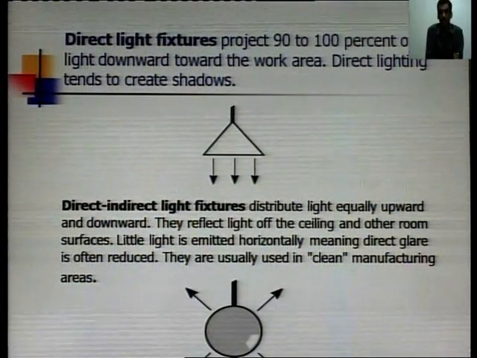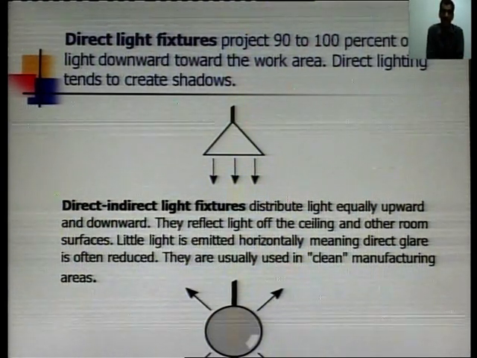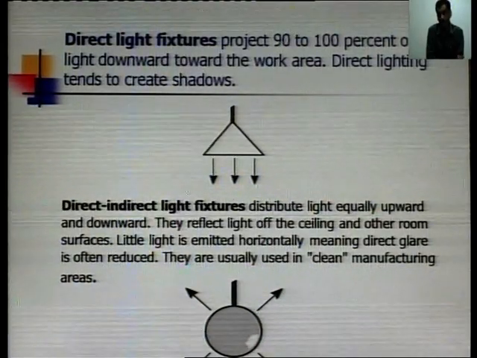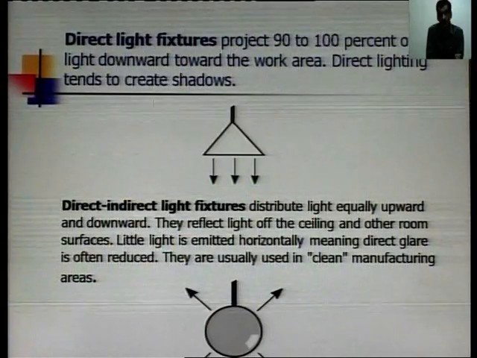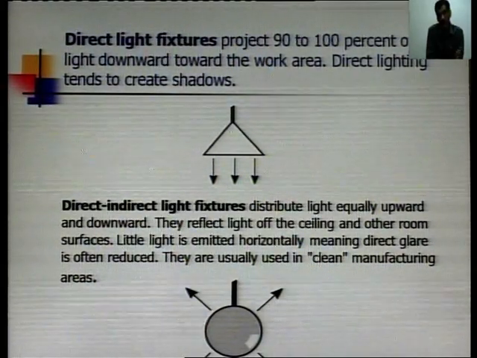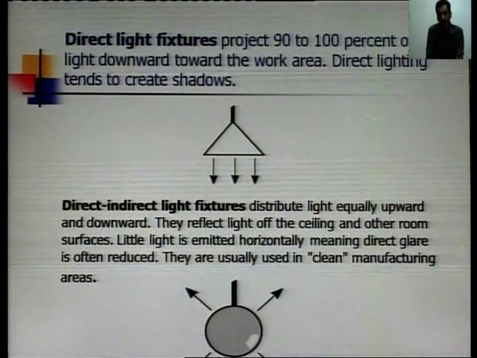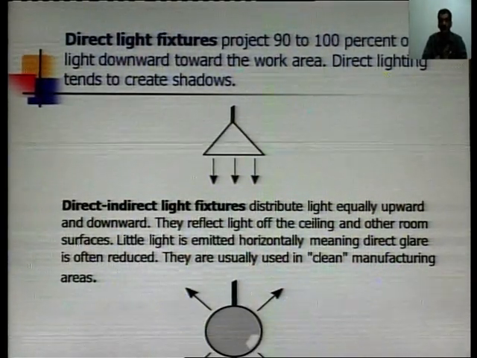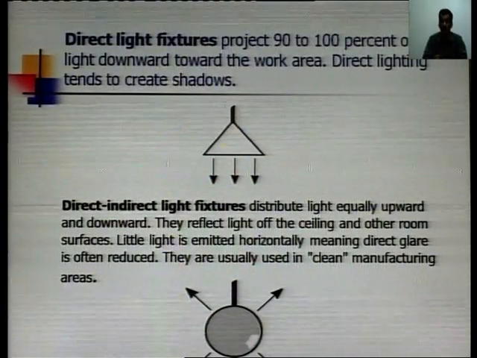The only thing is, we need to control the location of our direct light fixtures. If it's onto the head, we'll have smaller shadows. If it's on the wall or at an angle, it will have longer shadows, which might be required in some particular cases, but not every case.